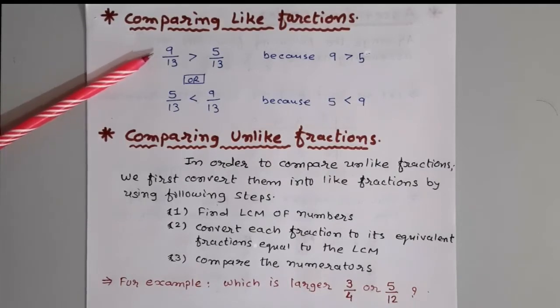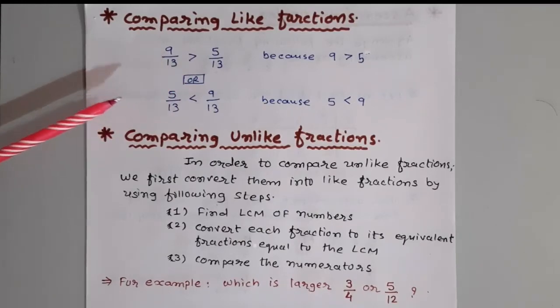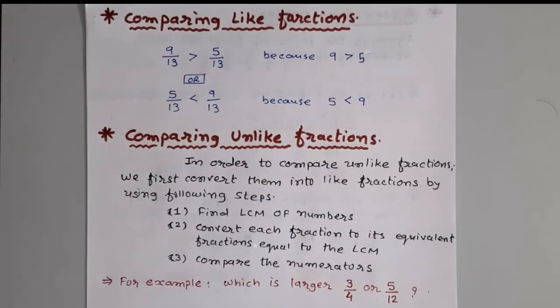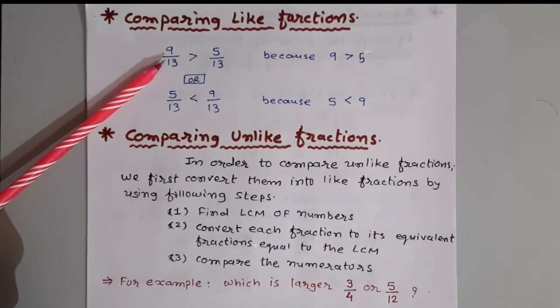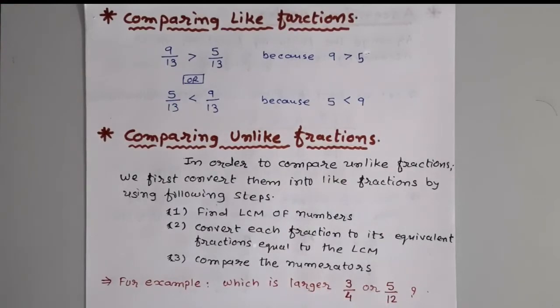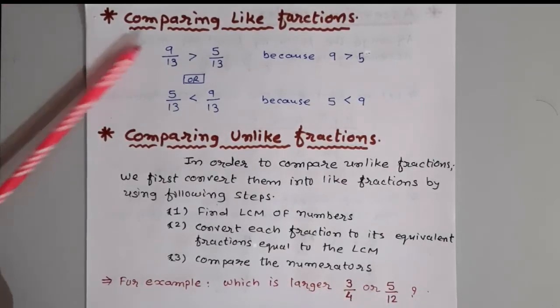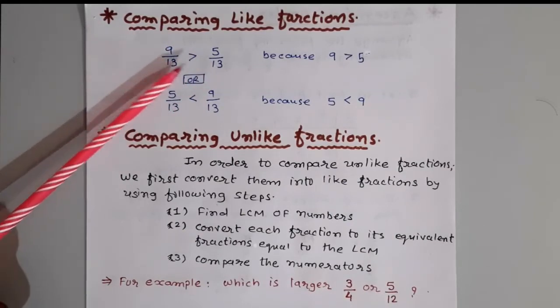For example, 9 upon 13 and 5 upon 13. Which fraction is greater? It's easy because in both fractions the denominators are the same, 13 and 13.